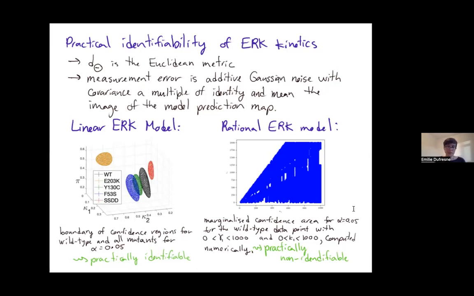But one thing that I think is very much interesting to explore is the fact that this linear ERK model we get from performing this quasi-steady state approximation.